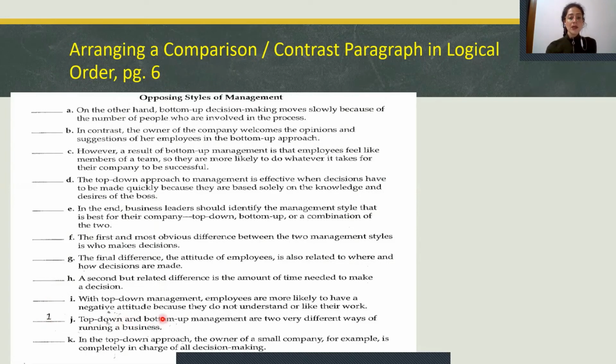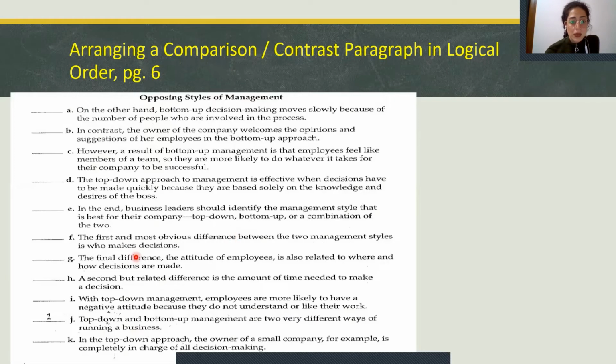Top-down and bottom-up management are two very different phases of running a business. Okay, opposing styles of management. And what can be the second one? On the other hand, no. In contrast, however, no. In the end, no. The foremost difference between two management styles.